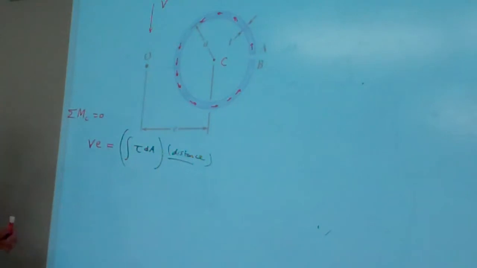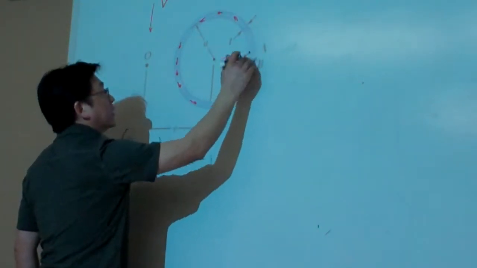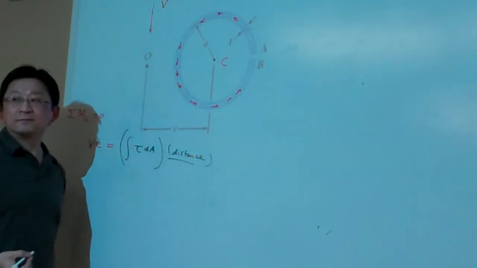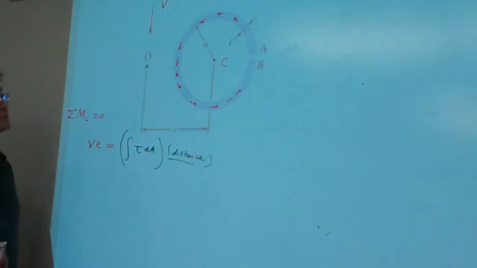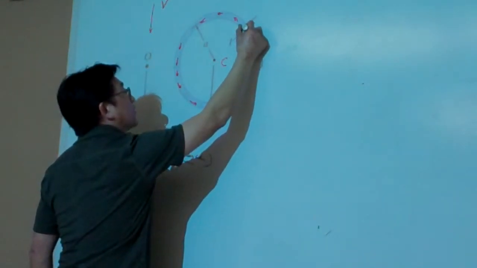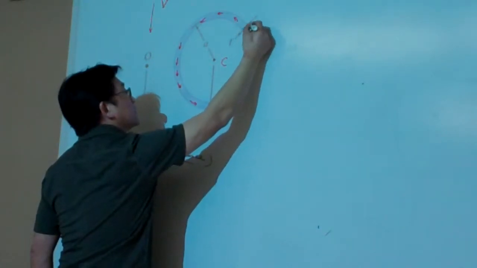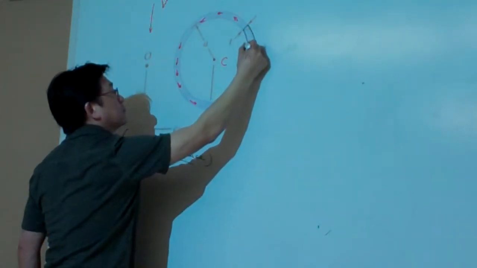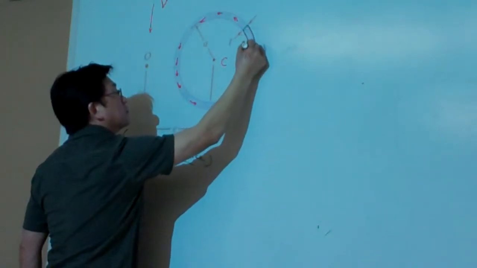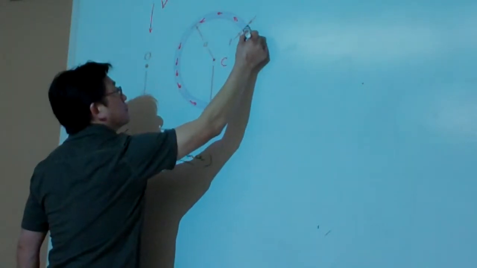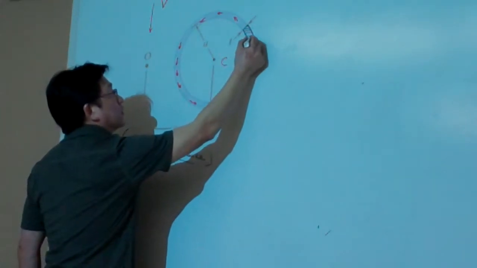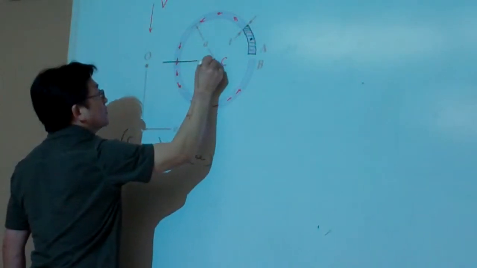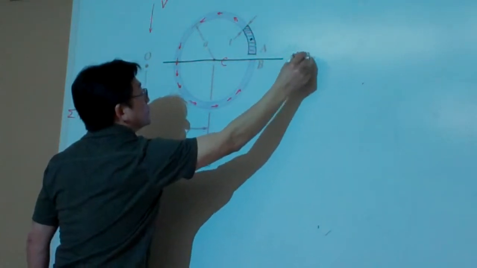Okay. So now for this one, this is a ring. Let me pick up a segment for Q. So this is the center here, and if vertical, then this is our neutral axis.